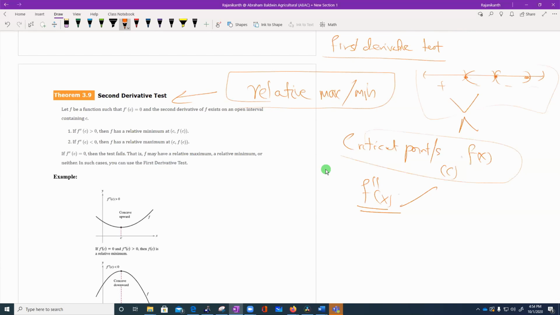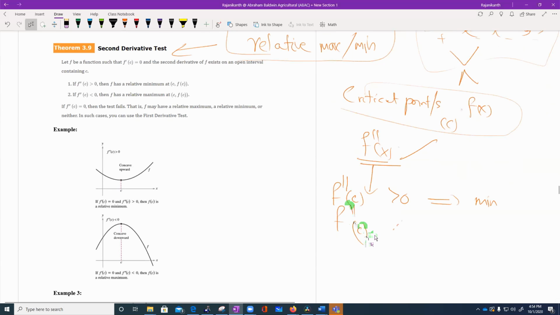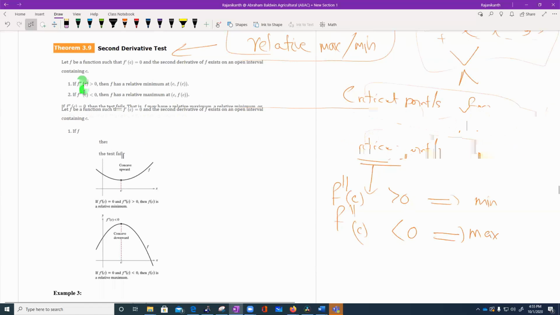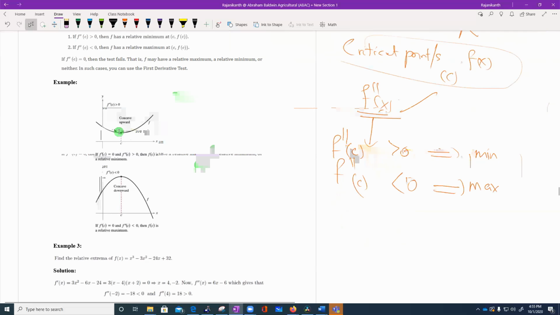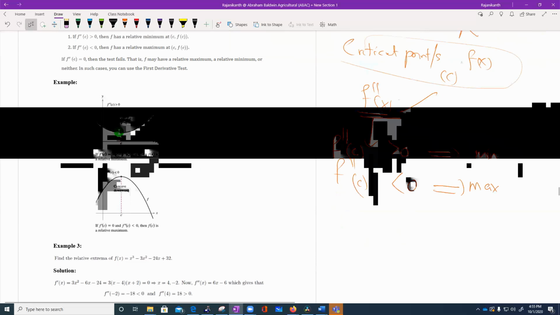Suppose the second derivative evaluated at those critical points is positive, then the function has a relative minimum. If the second derivative evaluated at a critical point is negative, then the function has a max. That's it. A very easy procedure. That's what this theorem says. Okay, right?